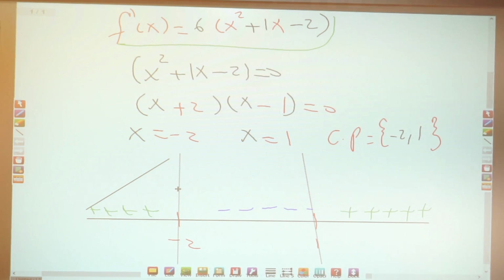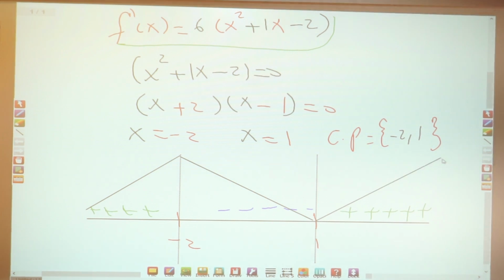The same thing here, just to stop at this vertical line. Then this keeps increasing, going up, then going where? Down, from negative 2 going down to 1. Then at 1 it goes back to increasing.